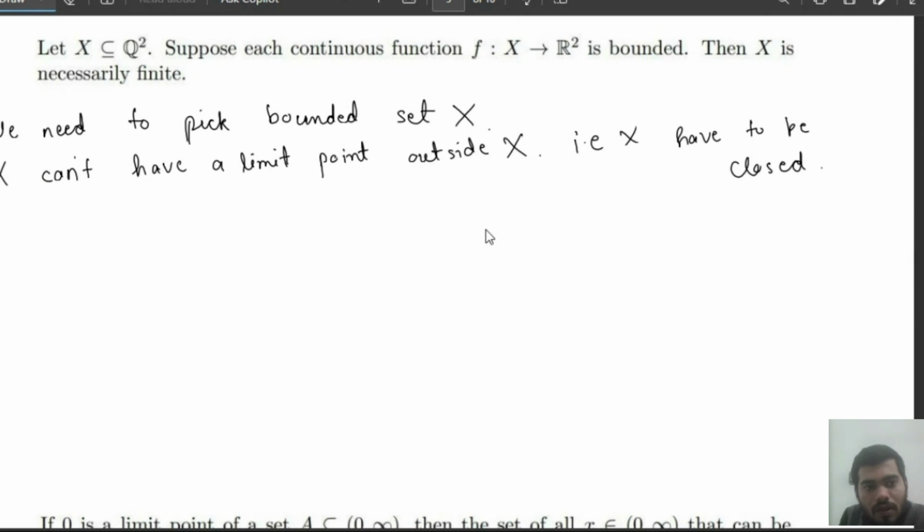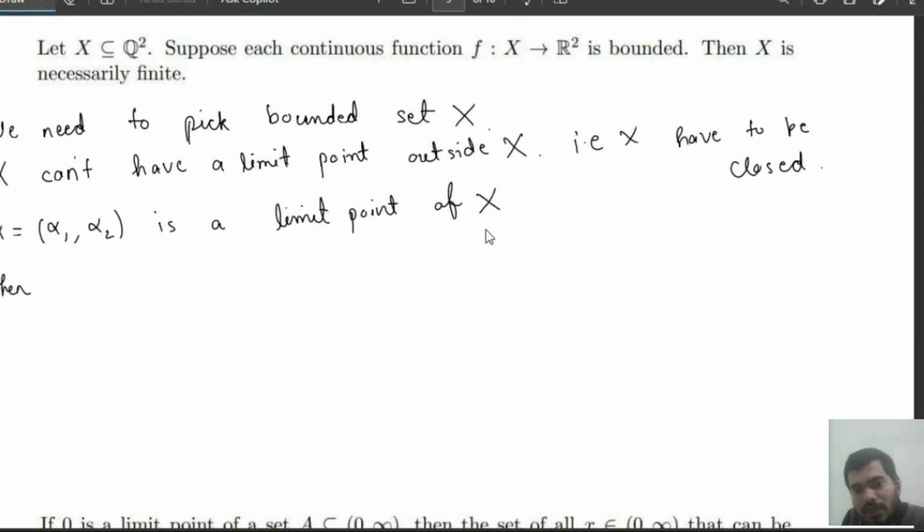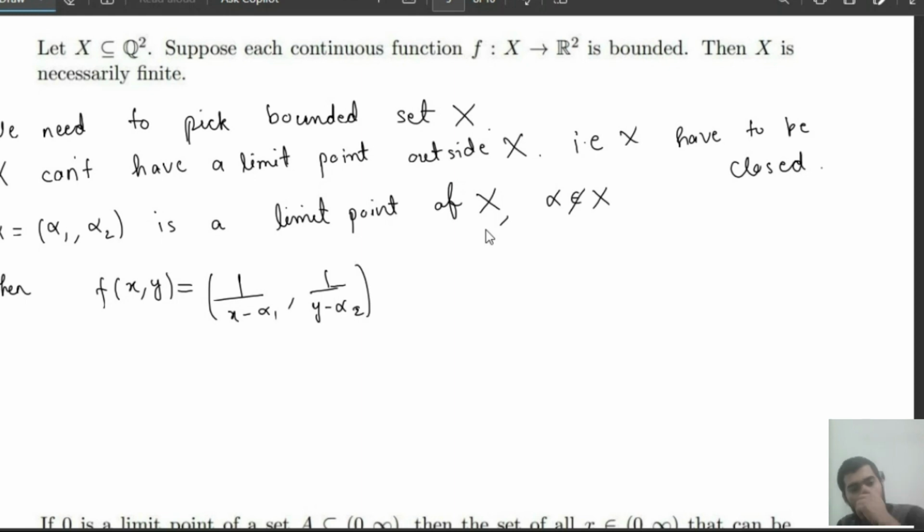Because if alpha equals (alpha 1, alpha 2) is a limit point of X such that alpha does not belong to X, then one can define this function, right, and it is an unbounded function, right?